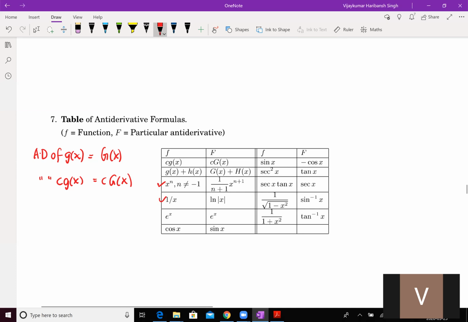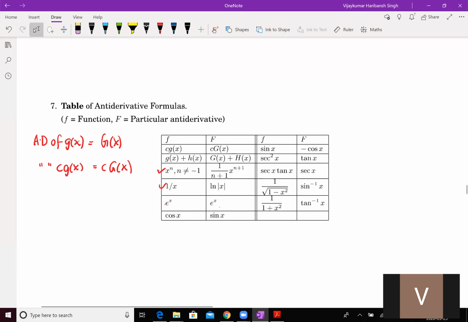Now the derivative of e to the x is e to the x. So therefore the antiderivative of e to the x is e to the x as well. Now the derivative of sine is cosine. Therefore the antiderivative of cosine is sine.